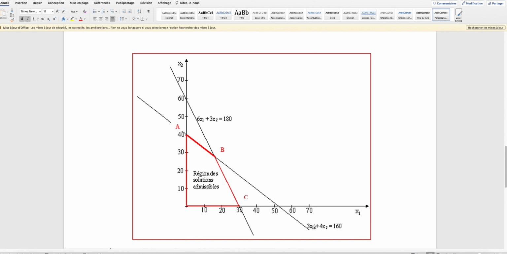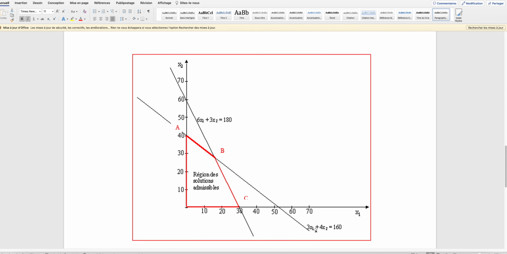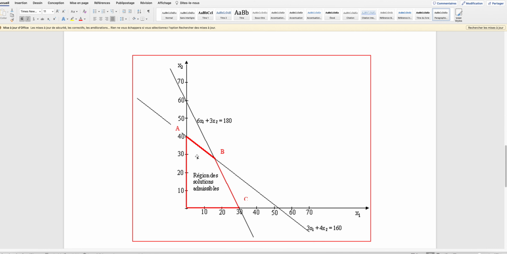For example, we consider we are not going to produce x1, so x1 is equal to 0, and then we obtain 4x2 equal to 160. So x2 is equal to 160 divided by 4. We obtain 40 there. So we put the first point A. Then we choose a second point to draw the line for workshop A1.